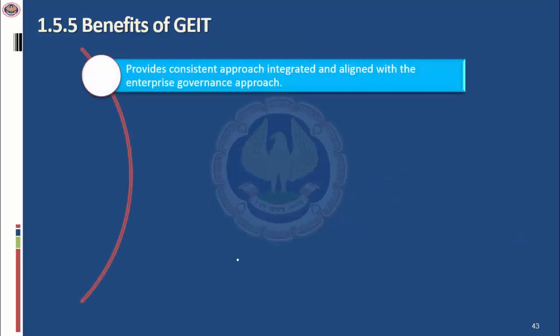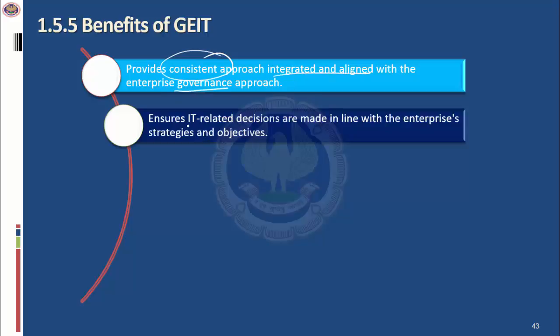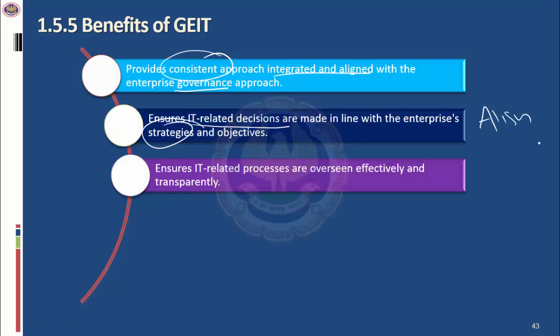Let's look at the benefits of GEIT. When you're implementing GEIT, you know there's going to be a consistent or structured approach, which is integrated and aligned with the governance approach. You also ensure that all IT-related decisions are made in line with the strategy, which means you talk about alignment. You also see that the risks are properly managed through a system of enterprise risk management.